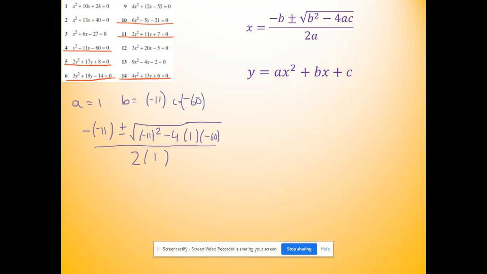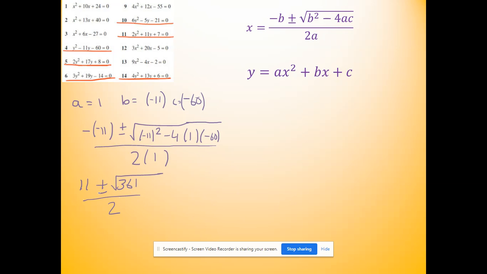So my next line, if I can just find where my pen is, there it is there. Now, first of all, my minus 11, that's going to end up just being positive 11, plus the square root of 361, all over 2 times 1, which is 2.